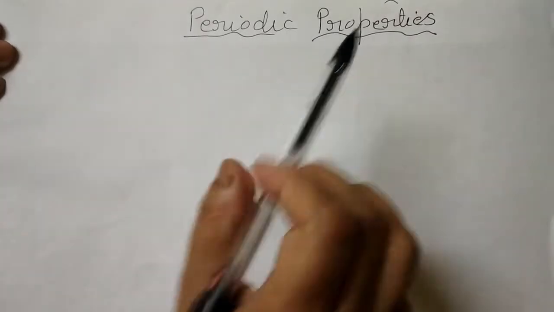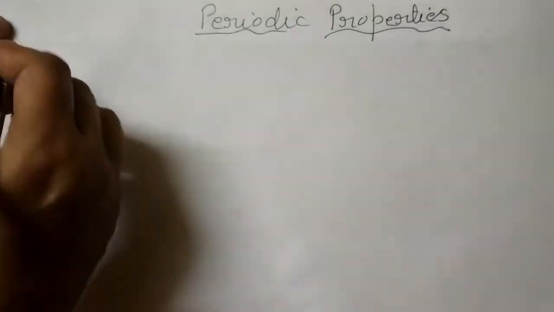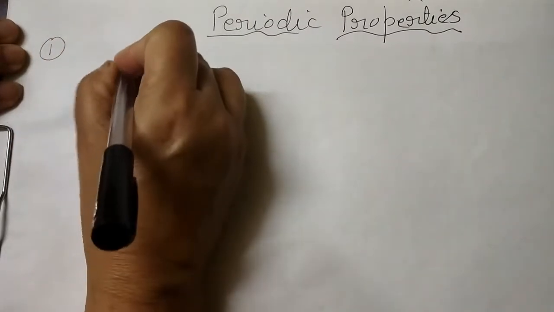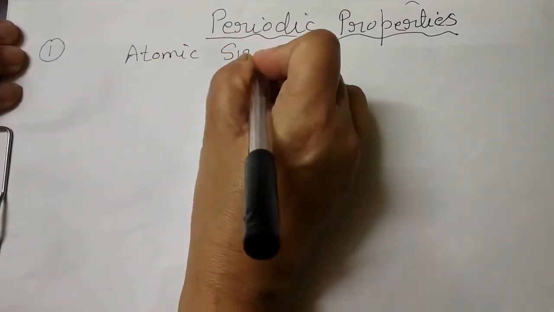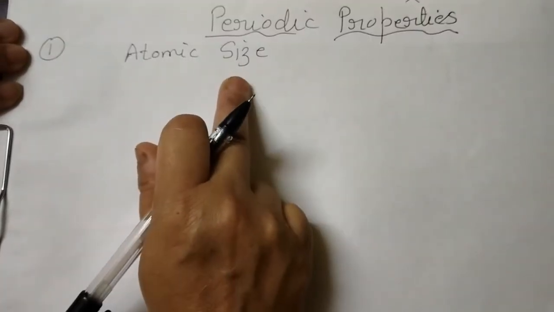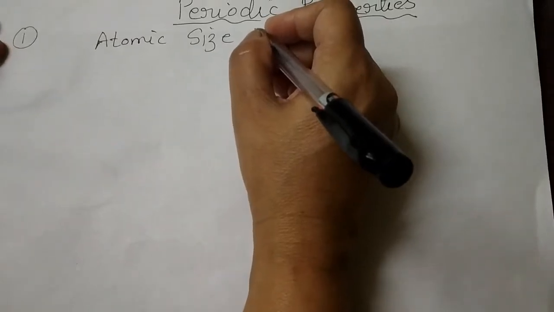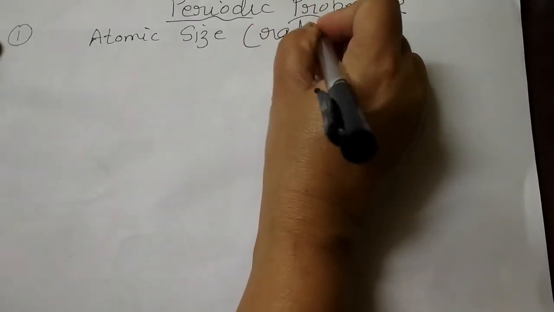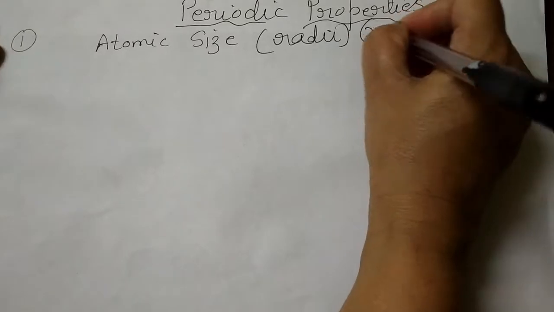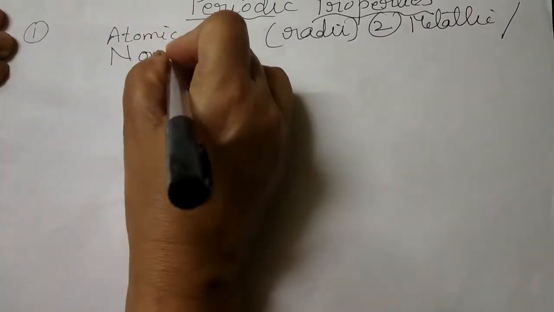Now in all these properties, how many periodic properties are there? 6 properties are there. 1, atomic size, or atomic radii. Second, metallic or non-metallic character.